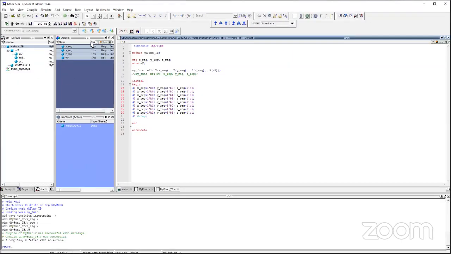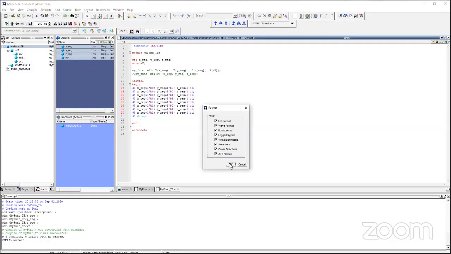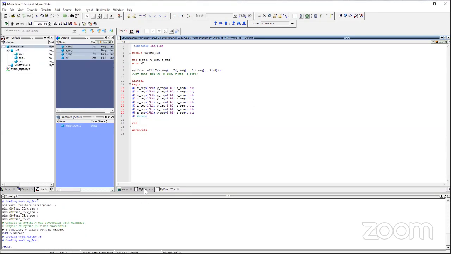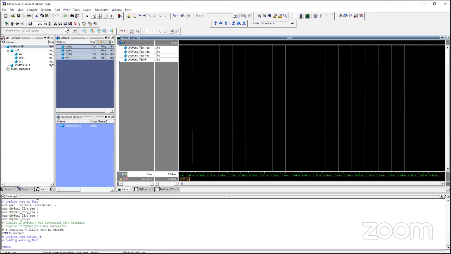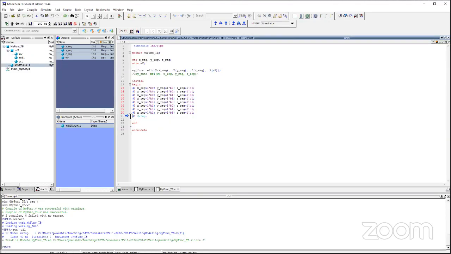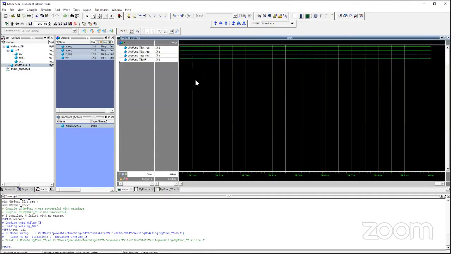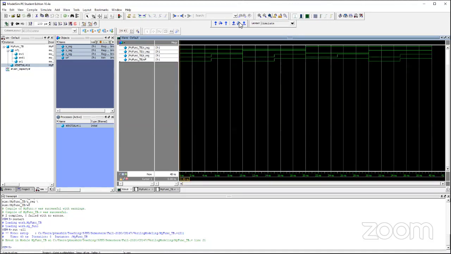And since I recompiled, I need to reset everything. Okay. All right. Now simulate. Run all. So it stopped at this point. We have some waveform. It's too big, so let's minimize. Where is that? Here. Fit all.